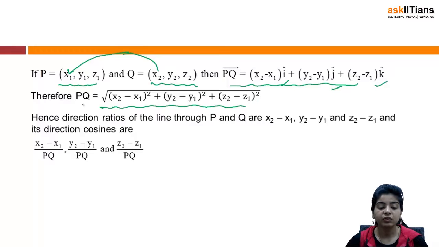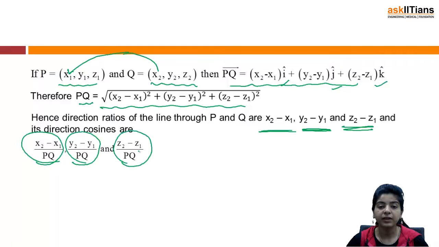In fact, this you can get easily by using the distance formula. Direction ratios of the line PQ are x2 minus x1, y2 minus y1, z2 minus z1, and its direction cosines are (x2 minus x1) by PQ, (y2 minus y1) by PQ, and (z2 minus z1) by PQ.